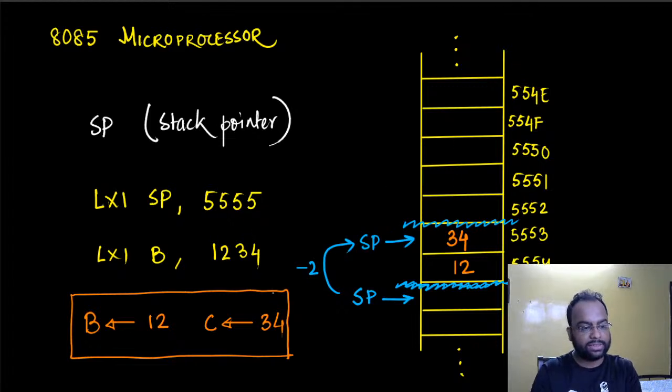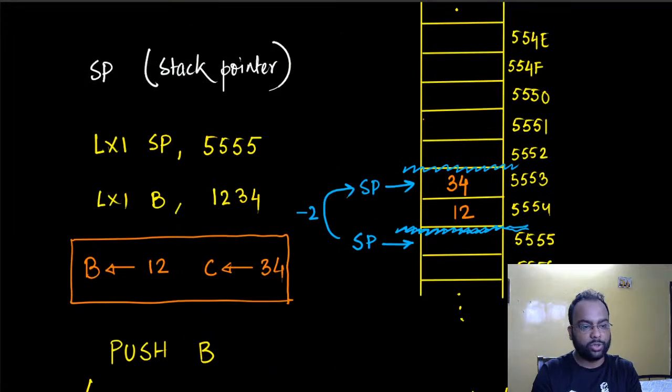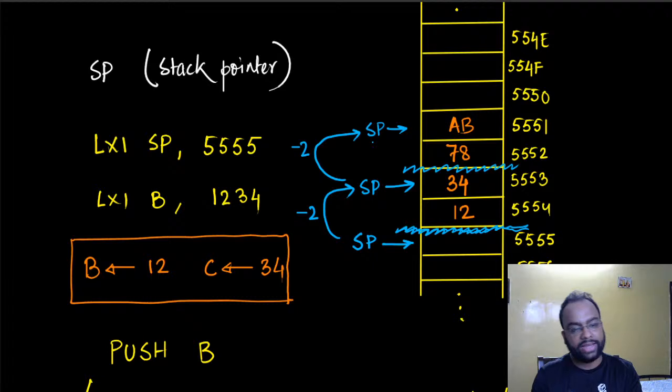So this value actually gets pushed into the stack. This is going to get 78 and this is going to get AB. Subsequently, the stack pointer would once again get decremented by a value of 2, so that it can now point at memory location 5551.